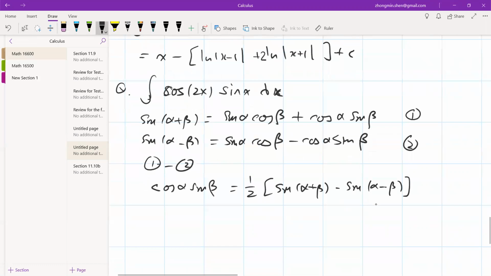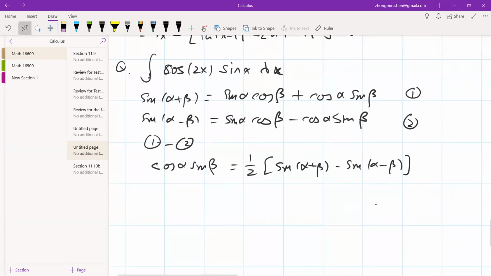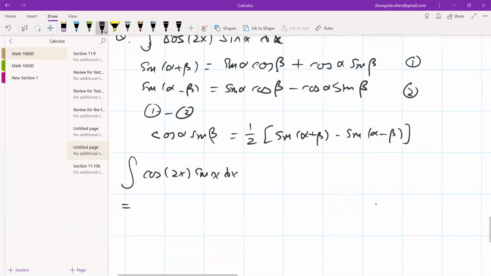All right. So if you know this formula, then you can see that cosine 2x sine x dx is going to be sine of the sum of the two, which is 3x, and the difference of the two, which is just x. You see?